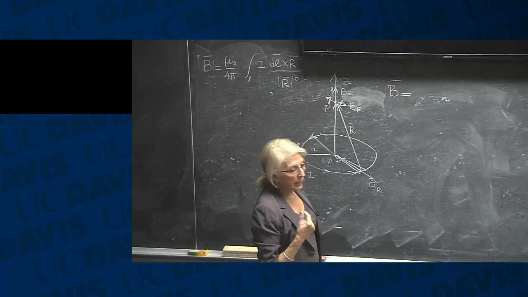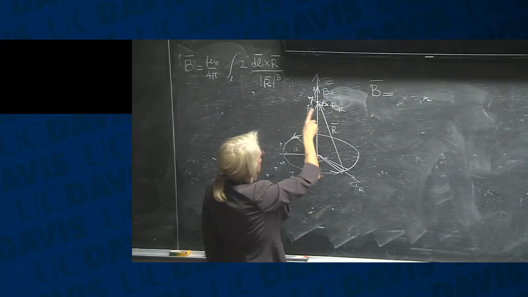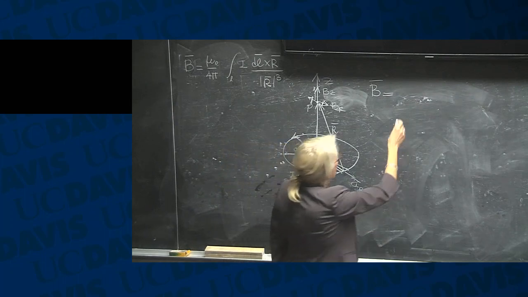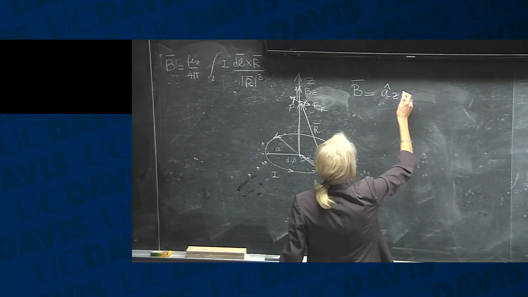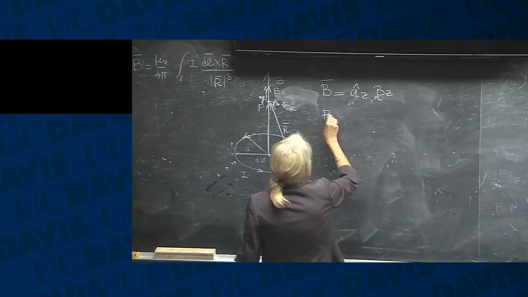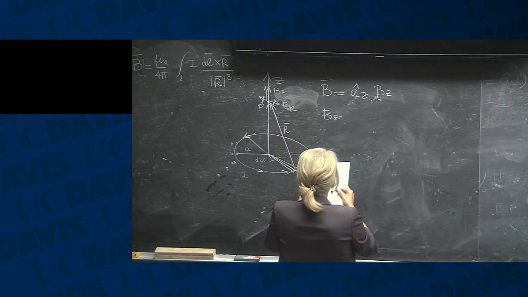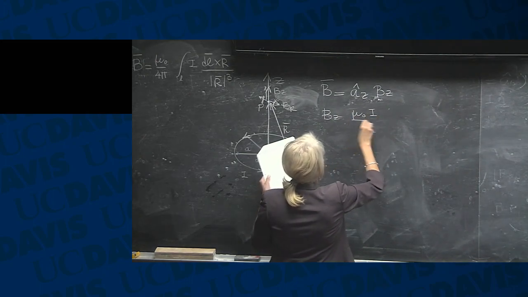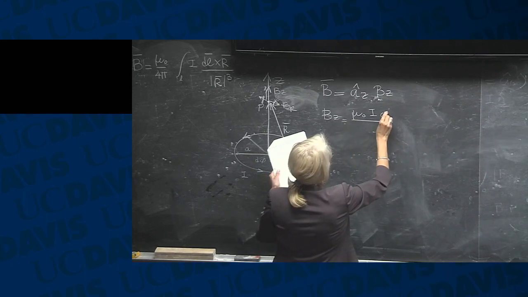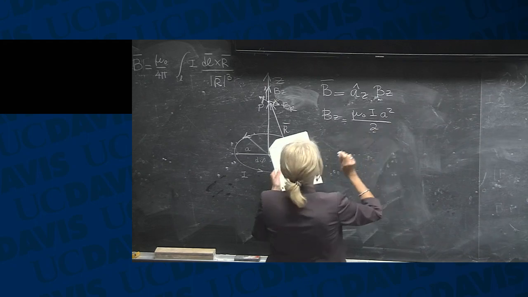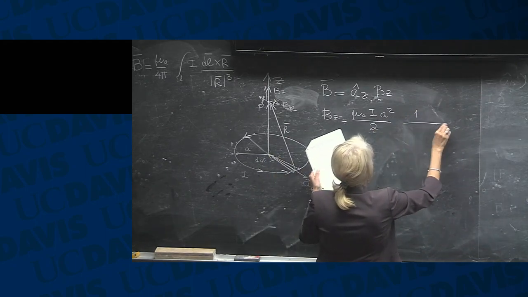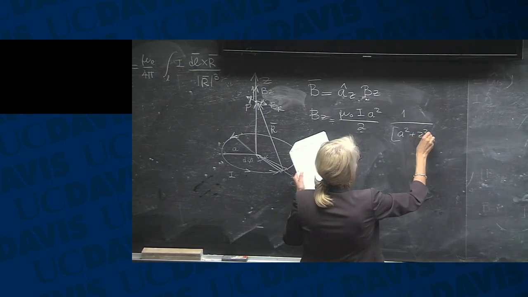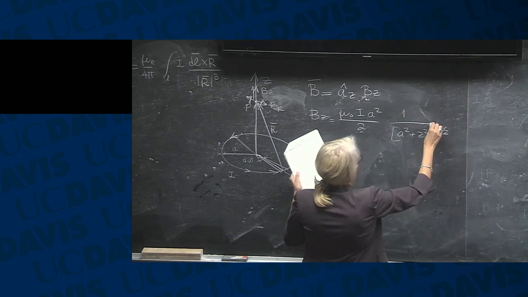So practically there is only a Z component here. This is only true for the axis. It does not apply to any other point. So on the axis, B will have only a Z component. And from those expressions, it will be in the following form: mu naught I A squared over 2, and then you're going to have 1 over R becomes A squared plus Z squared to the 3 over 2.